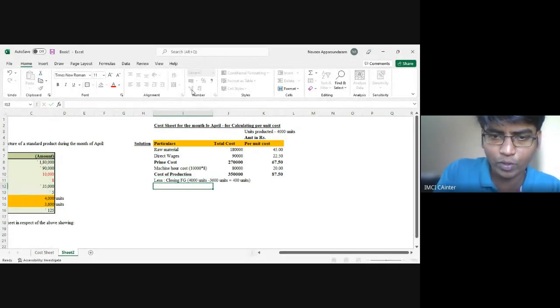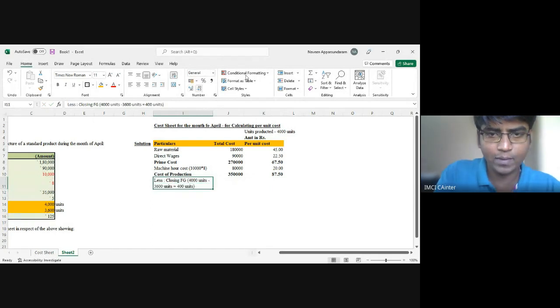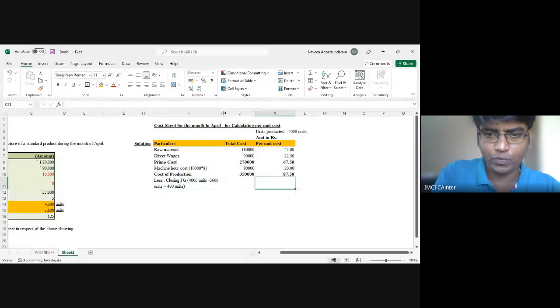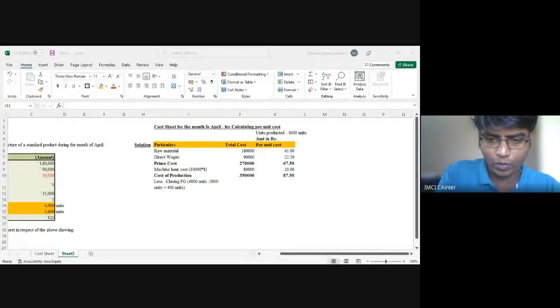I'm arriving at 400 units as my balance value. So I have to arrive at a cost. It's nothing but cost of goods sold into 400 units, which is 35,000 rupees.